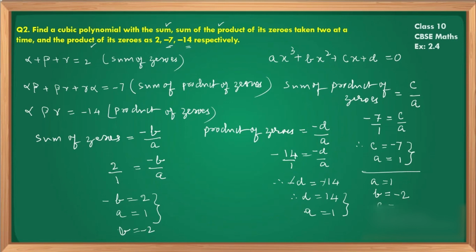And c? Where is c? Here. C is minus 7 and d is equal to 14. Now the formation of the cubic polynomial that we do in the next page.